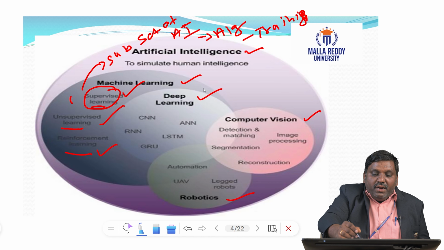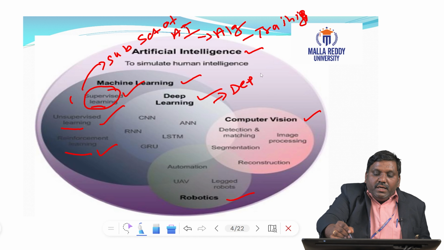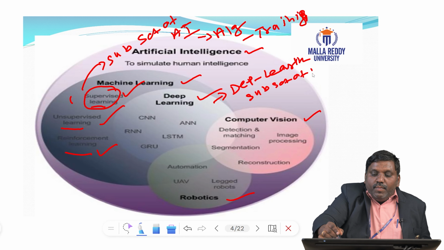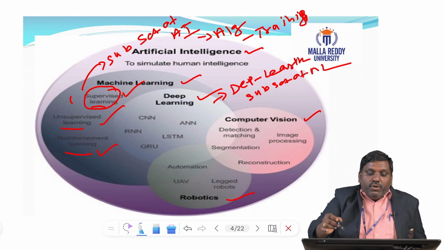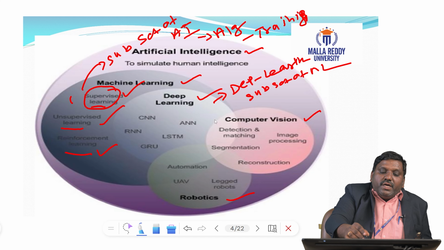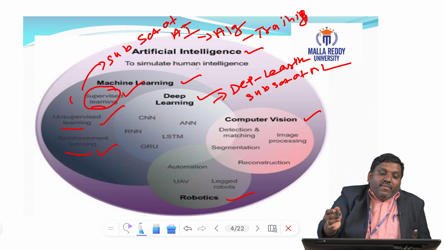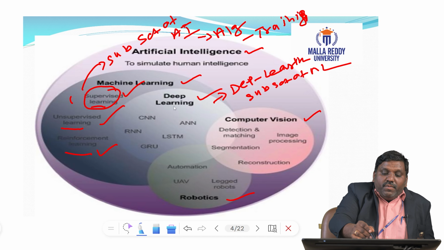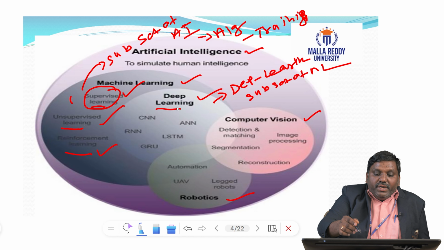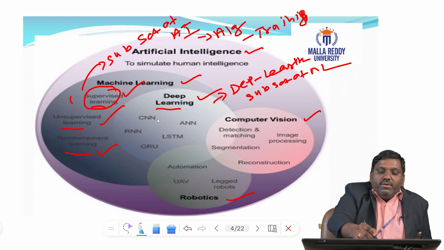Then we move to the deep learning model. The deep learning model is a subset of ML, which means it includes the concepts of machine learning as well as artificial intelligence. Compared to machine learning algorithms, what we additionally do in deep learning is go for models known as CNN, ANN, RNN, as well as LSTM.